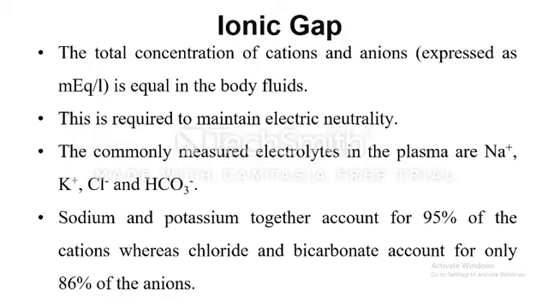The commonly measured electrolytes in the plasma, as we already discussed in our lecture on electrolytes, are sodium, potassium, chloride and bicarbonate. Sodium and potassium together account for 95% of the cations, whereas chloride and bicarbonate account for only 86% of the anions.